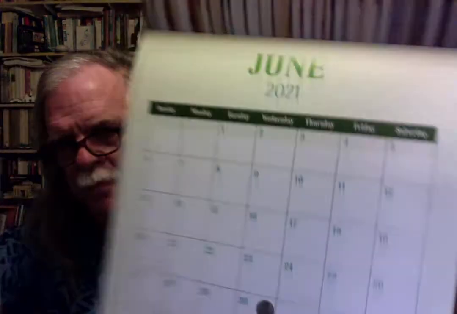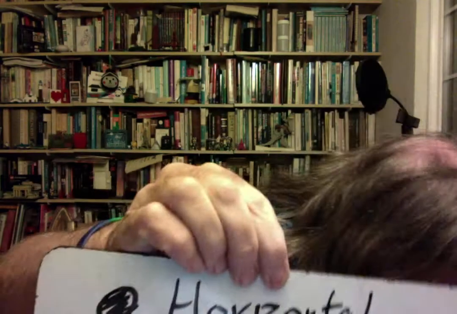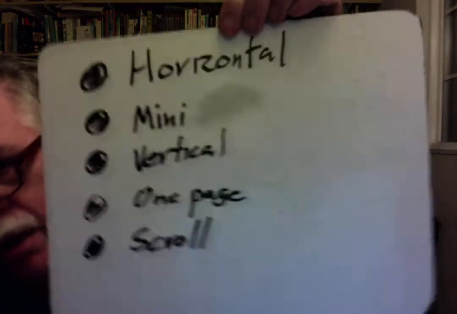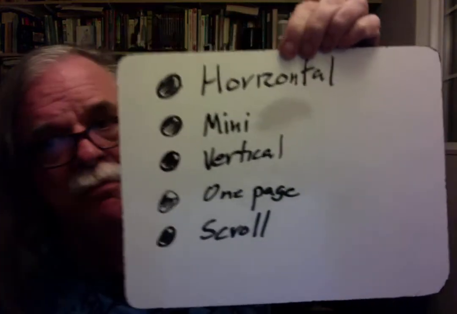You can make a vertical book that opens this way. You can also make a one-paged book, one-pager. Or finally, you can make a scroll and read your book and roll it up and roll it out on the scroll. Okay? Those are your choices.